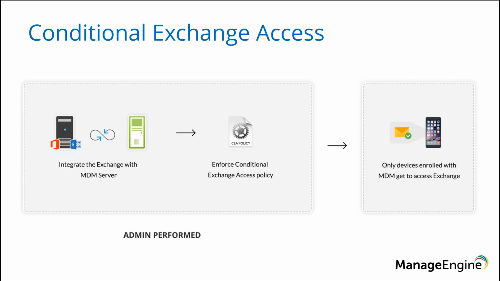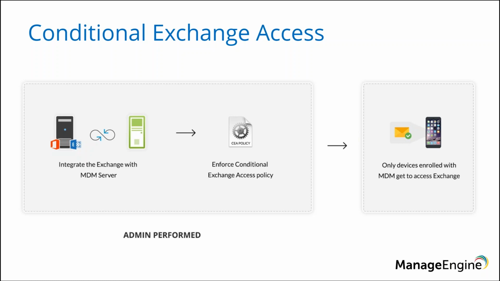What you would have to do over here is integrate your Office 365 or your Exchange on-premise server with the Mobile Device Manager Plus platform. And once the integration is completed, we would enforce the conditional exchange access policy onto your devices.